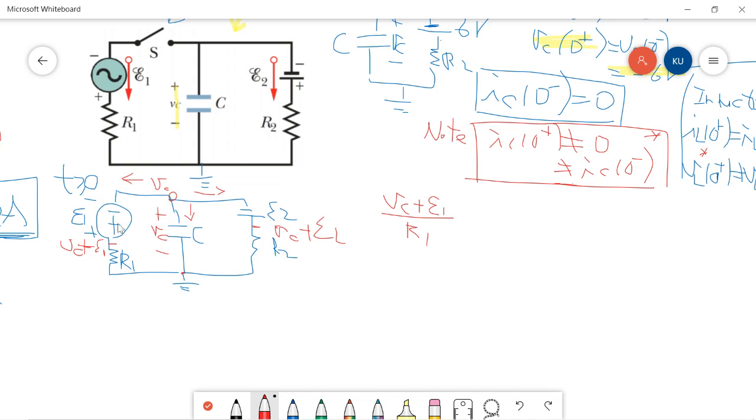But this is a voltage source, which means that its impedance is 0, which means that no matter what its current is, the voltage is the same, which means that dV/di for a voltage source is 0.